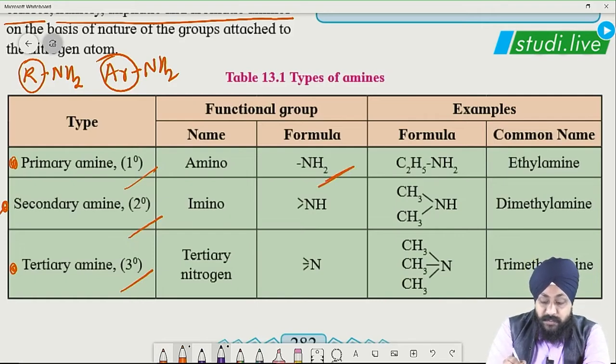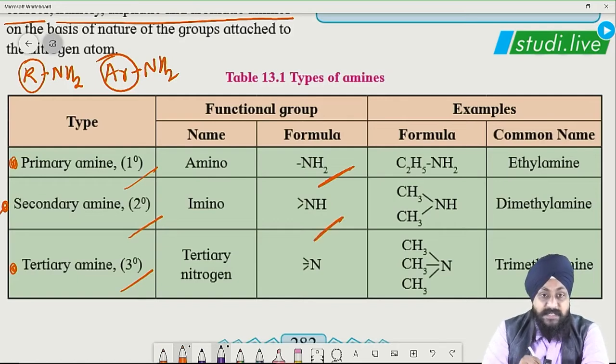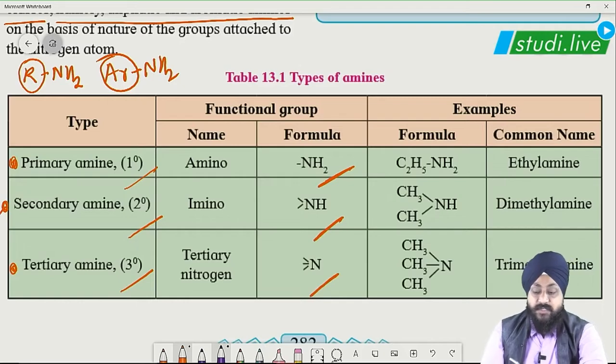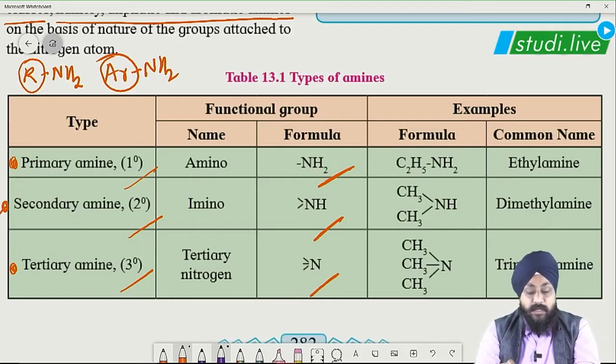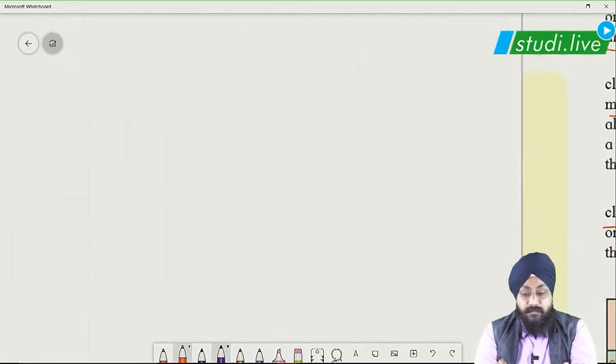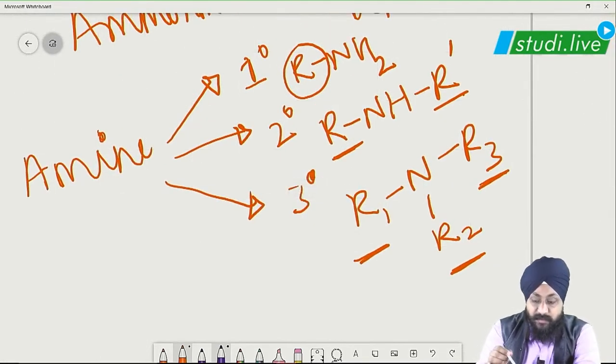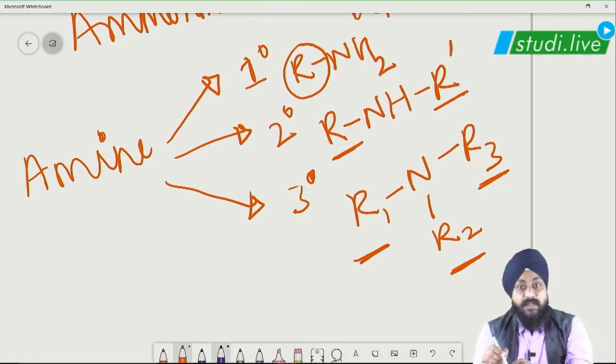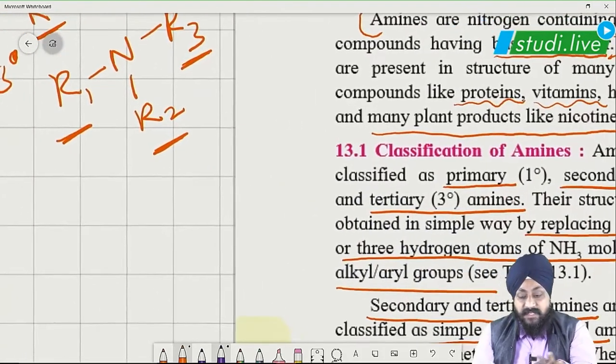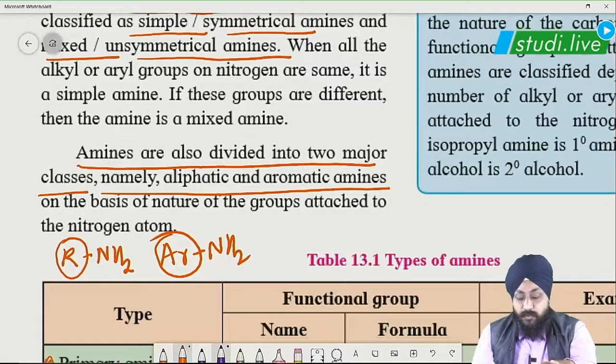The functional group is amino, here the functional group is imino, and here it is tertiary nitrogen. So what we have learned in our topic is that amines are classified into primary, secondary and tertiary. Primary amine contains an amino group, secondary contains imino, and tertiary contains tertiary nitrogen. Their representation and examples we have understood over here.